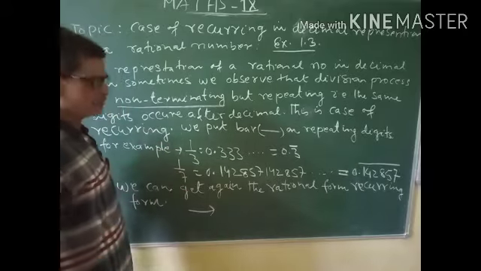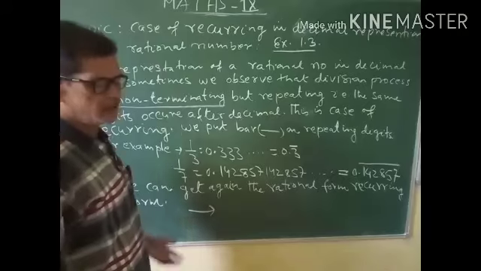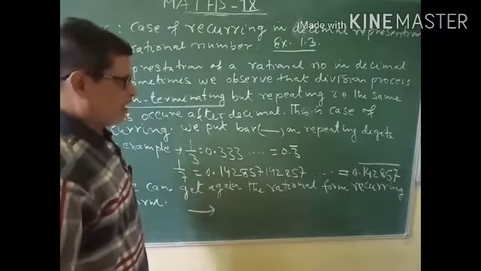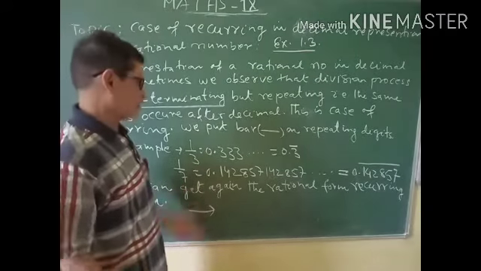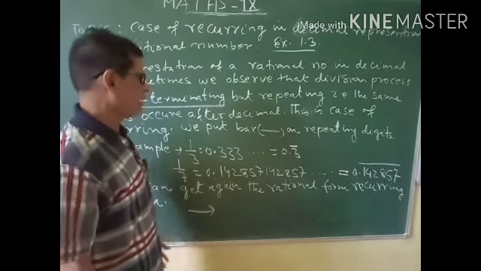This is the case of recurring. Case of recurring means after the decimal the occurrence of the same digits again and again.